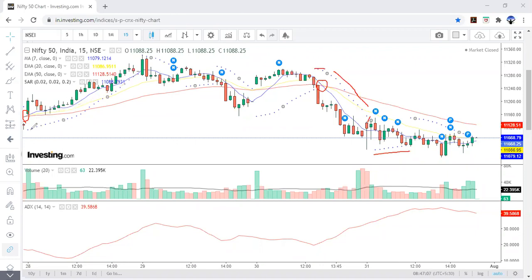For the upside trend, you can choose this stop loss and trailing stop loss with the parabolic SAR dotted line. And as soon as the price is below the dotted line of the parabolic SAR, you can exit from your long position and square it off.